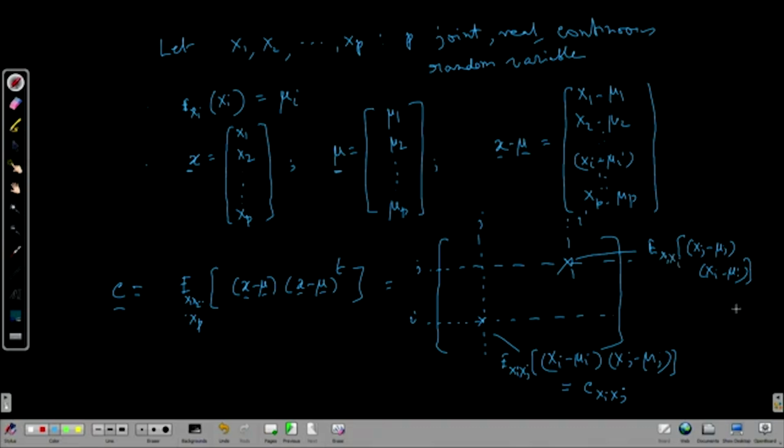These two things are the same, xi minus mu i and xj minus mu j. One comes first here and second there, but the product is the same. So, C is such a matrix that C i comma j is the same as C j comma i. So, it is a symmetric matrix.